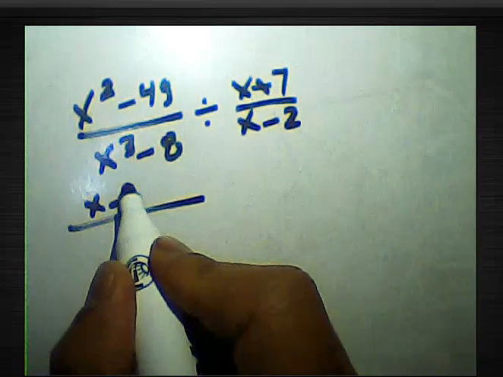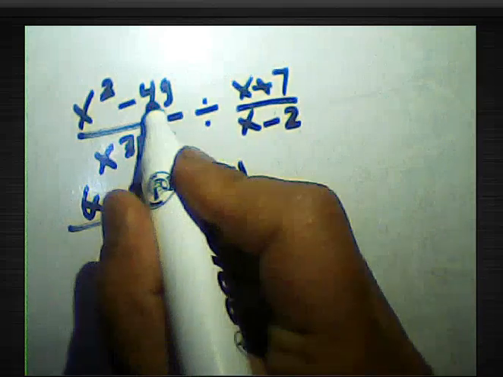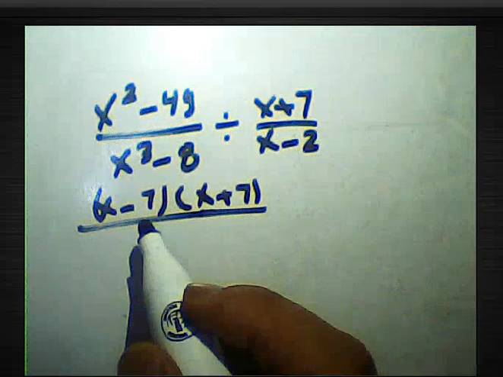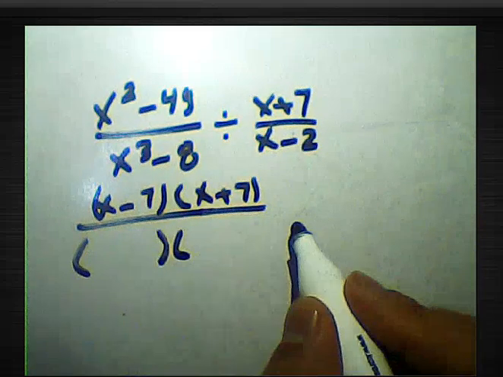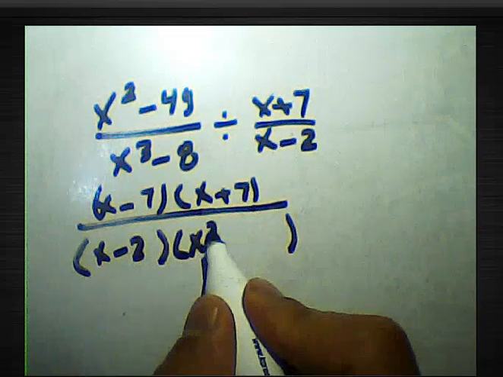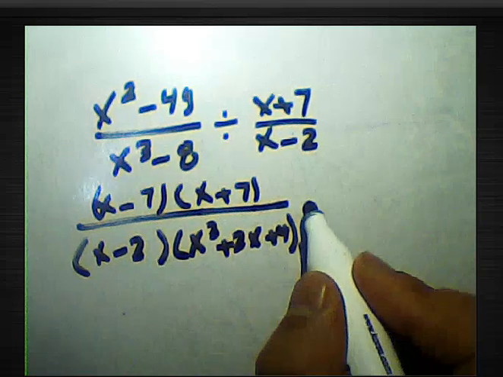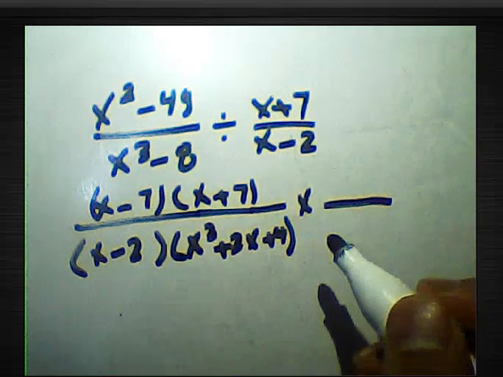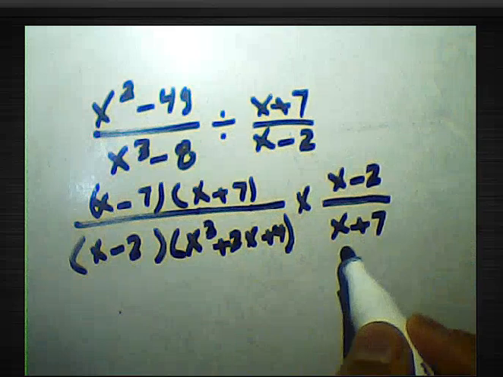You can write here (x minus 7) multiplied by (x plus 7), factorizing the numerator, and x power 3 subtract 8. We can factorize it using the difference of cubes, the smallest and the greatest parenthesis: (x minus 2) and (x power 2 plus 2x plus 4), multiplied by the inverse of the second fraction, which will be (x minus 2) over (x plus 7).